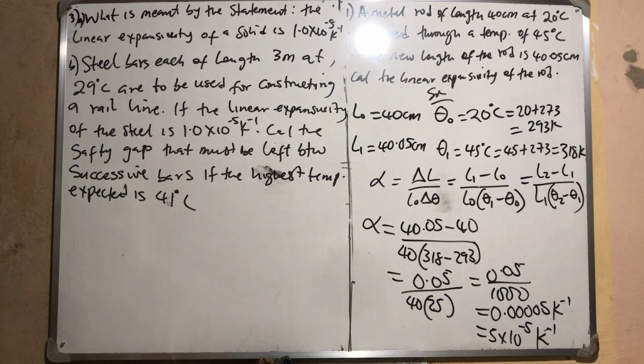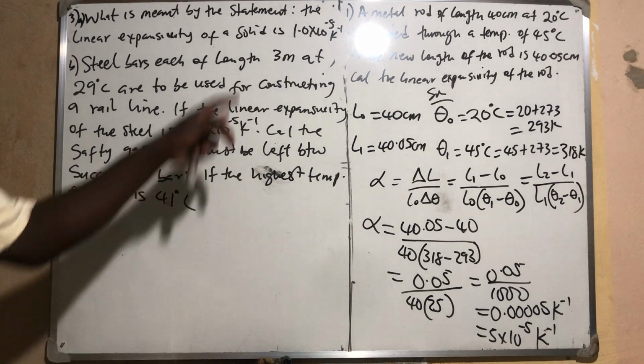So the first one said, what is meant by the statement the linear expansivity of a solid is 1.0 times 10 raised to power minus 5. You tell them that it means that the increase in length per unit rise in temperature when the solid is heated will be equal to that number.